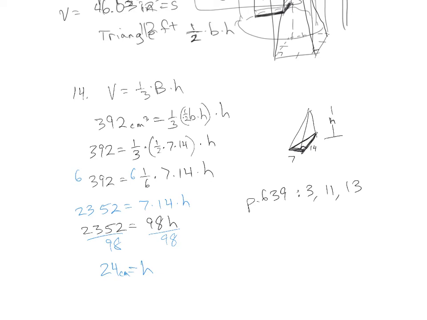It originally was 3 through 17, and you would do odds. If you did not do the pictures in section 5, you got to do 3 through 17 odds on this page. If you did do 2 pictures, you can do these 3 numbers, or if you can find a pyramid and take a picture of it, that would be great. And then you only have 3 problems to do altogether.